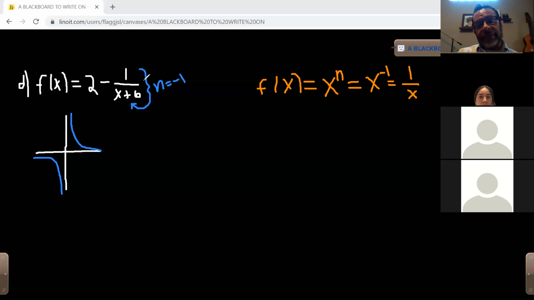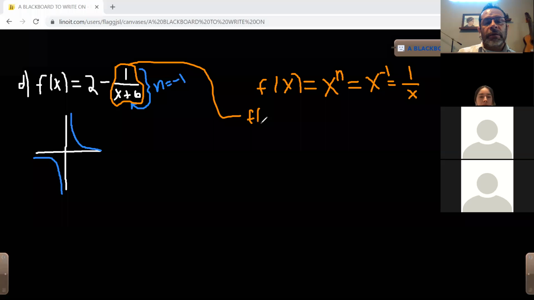So in this case, since we've got the x plus 6 in the denominator, remember that this part here, just the orange one, is the same as, that is equivalent to having x plus 6 to the -1.